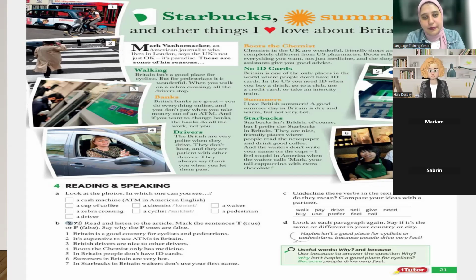In our group, we suggested that they can look at the subheadings and guess what he is going to do there, or what he loves, like summers, no ID cards, boots. So what about giving them the subheadings and matching them? Yes, delete the subheadings and give them the subheadings in a table, and ask them to match.